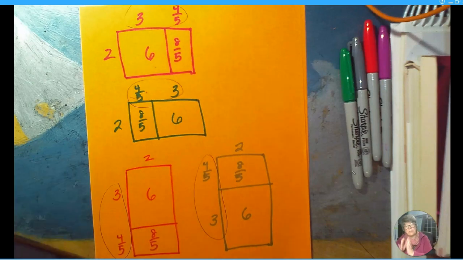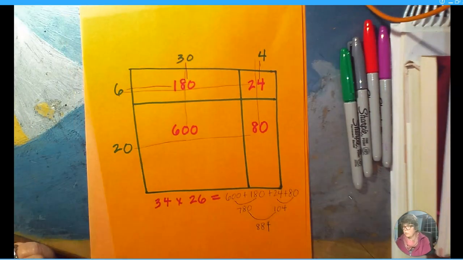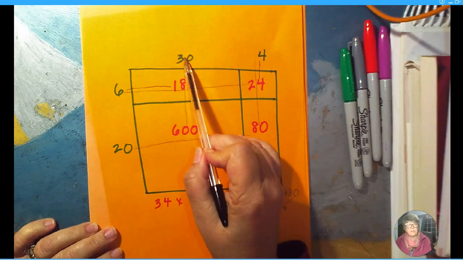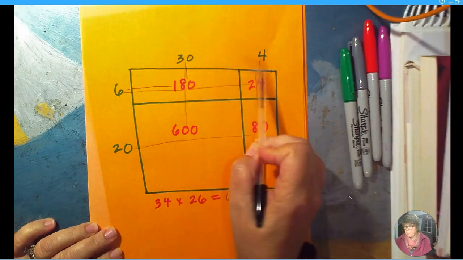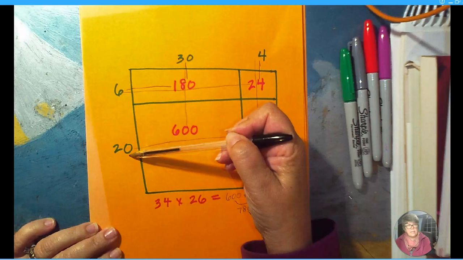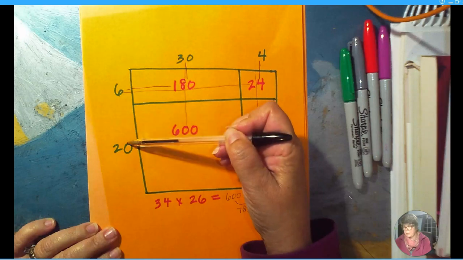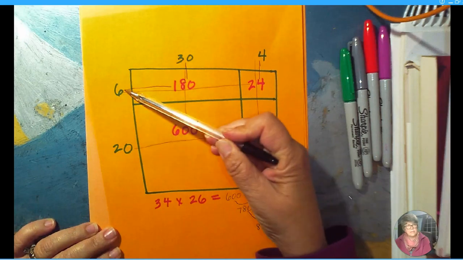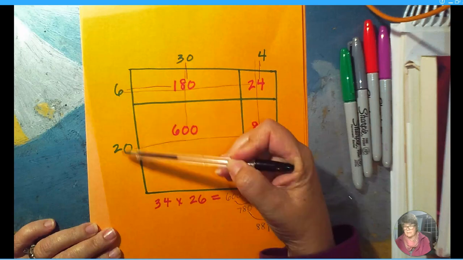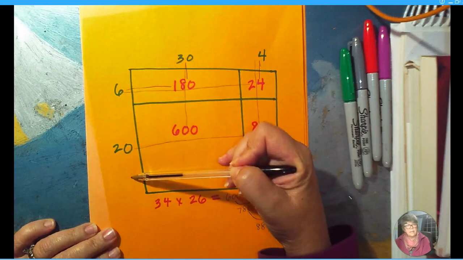Those two have to be on the same side, and then the 2 has to be on the opposite side. It would be the same with the whole numbers that we were looking at. You could have the 4 and the 30 in any order you want. Like here, you have the 20 below and the 6 on the top, you could have the 20 on the top and the 6, as long as they're on the same side.